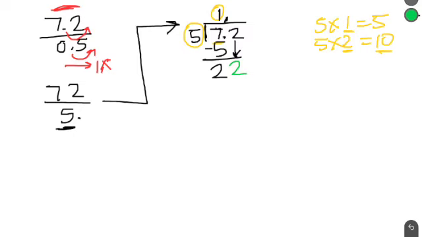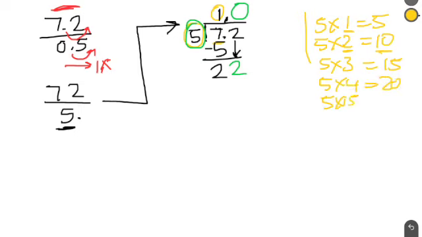And we ask the question, 5 times what number would be equal to 22 or less? So if we go back to our 5 times table here, 5 times 3 is 15. 5 times 4 is 20. 5 times 5 is 25.